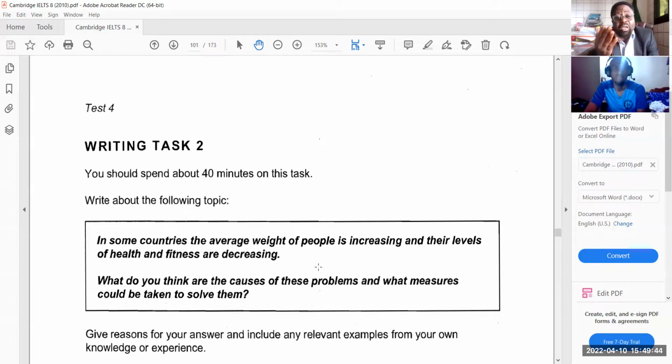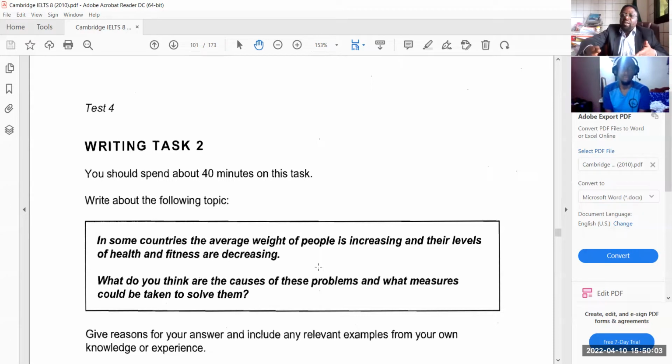Here you just need to separate the causes, cause 1, cause 2. Cause 1 is what? Lack of exercise. Why?